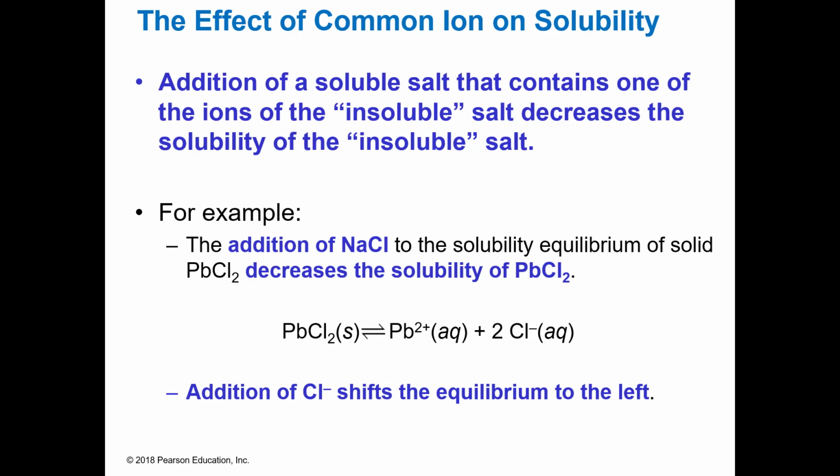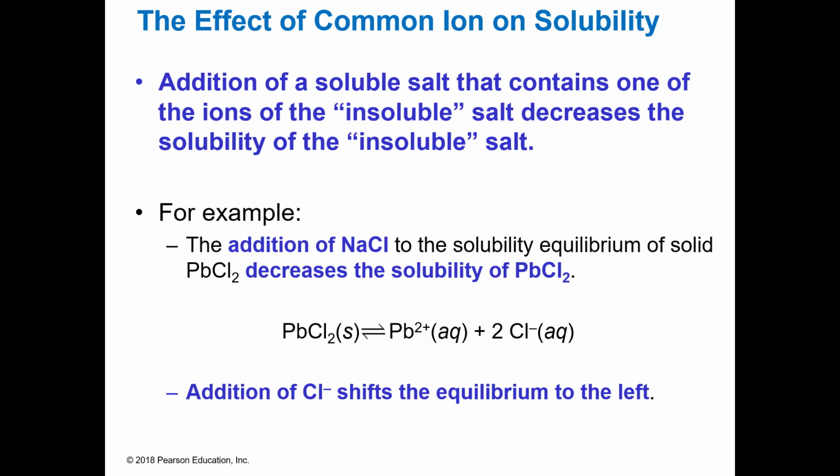Now, one thing that will affect the solubility of a solute in a solvent is if I add a common ion. The addition of a soluble salt that contains one of the ions of the insoluble salt decreases the solubility of that insoluble salt.